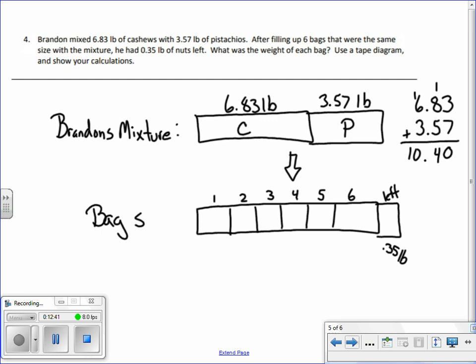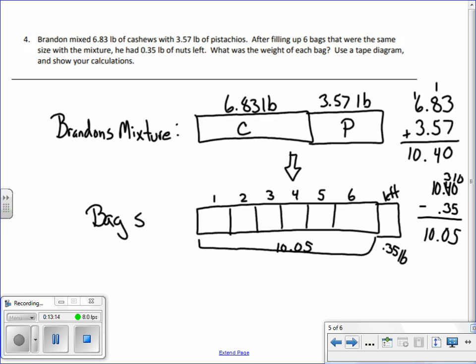Then, since he has 0.35 pounds left over, we're going to do 10.40 minus 0.35. Remember to line up those decimal points. So we have 10.05.